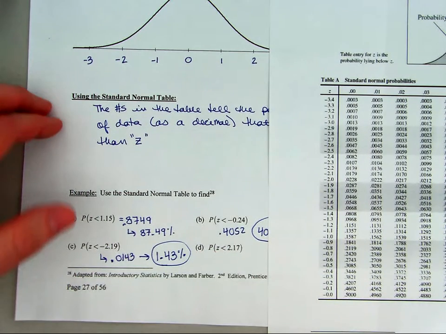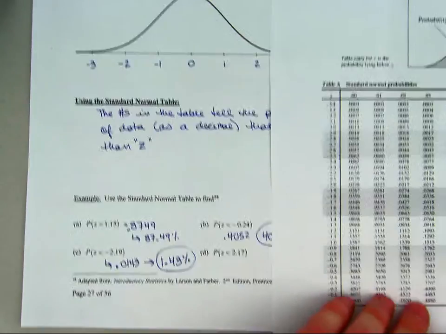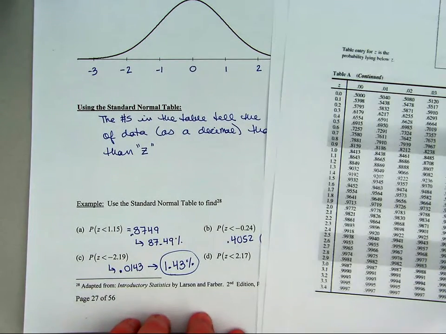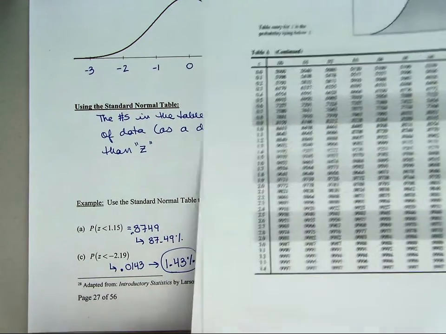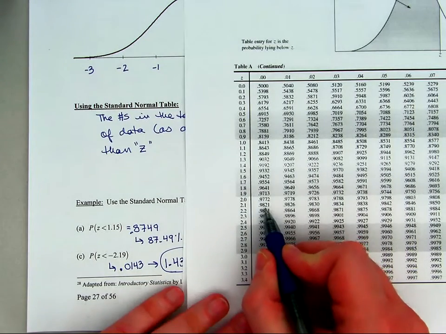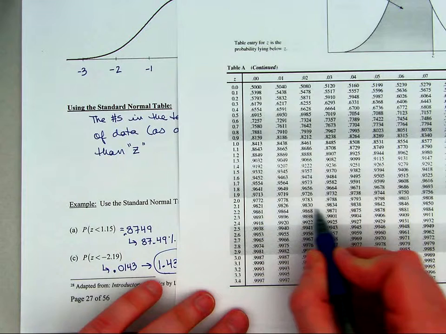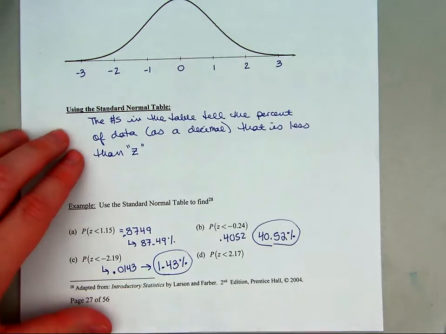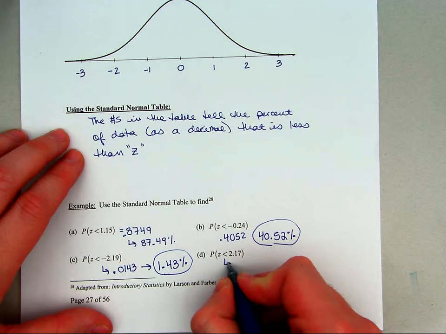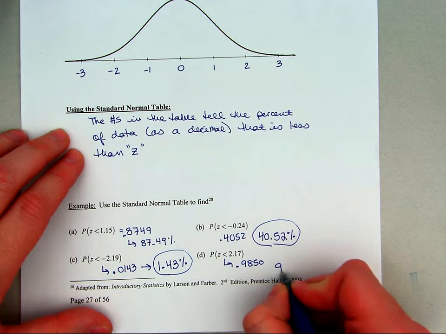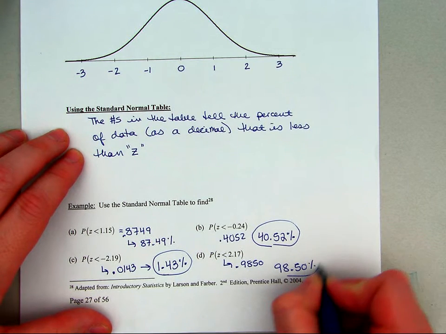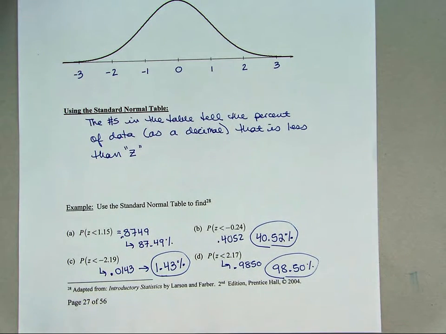In letter D, less than 2.17, well, I'm going to go to my positive table, 2.1, and I'm going to go over to 7, which looks like over here, 0.9850, which tells me that 98.50% of the data is less than 2.17.